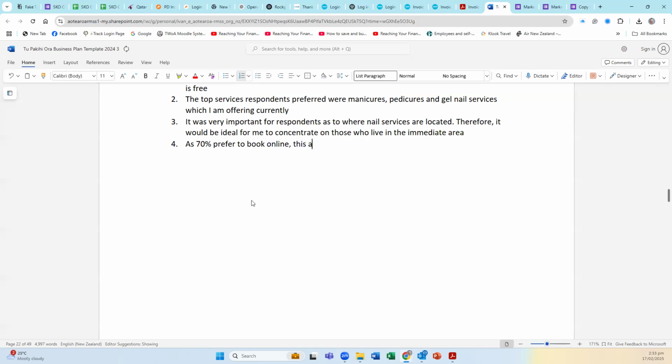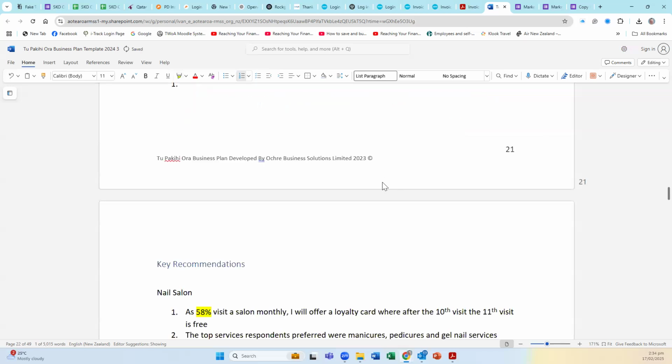This aligns with our current online booking process where this can happen. So basically, because that's what's happening at the moment, people can already go online onto the salon's website and book online via there. Is that right? Yes. Okay. I'll just highlight that in case that changes.